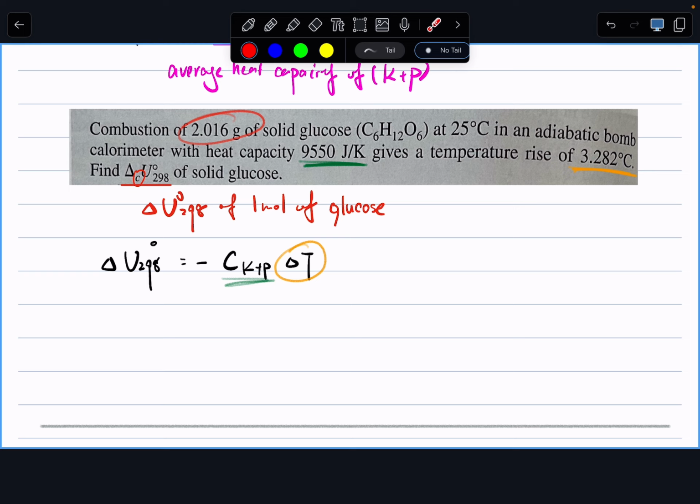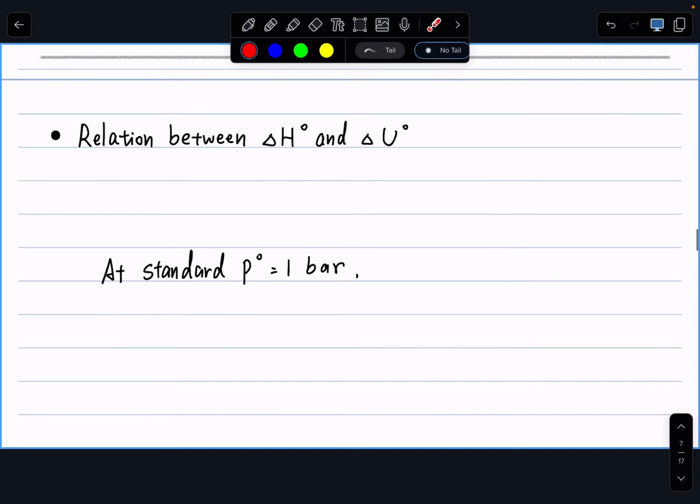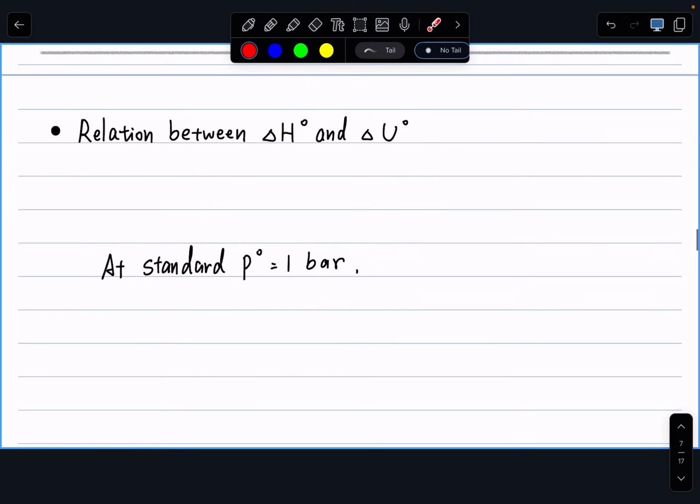All right, so from the bomb calorimetry, we got our internal energy measured. Next question comes is how do I translate that internal energy differences into delta H, into enthalpy differences? So in this case, the differences between your delta H naught and delta U naught goes back to the actual definition of H equals to U plus PV.